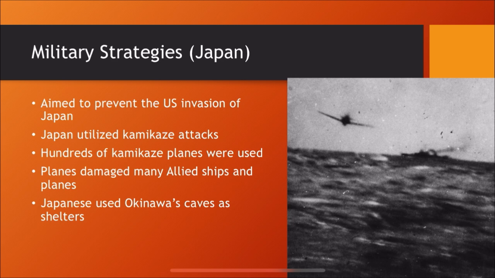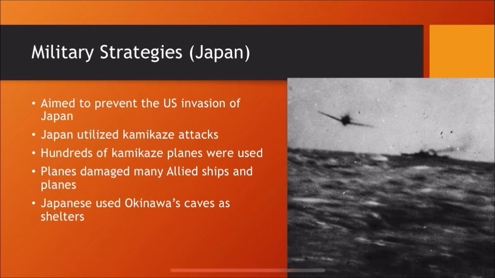Hundreds of these planes were used, and they were able to successfully destroy many Allied ships and aircraft. The destruction of the Allied ships and aircraft was not enough, however, and the Japanese army still had to resort to other forms of combat.